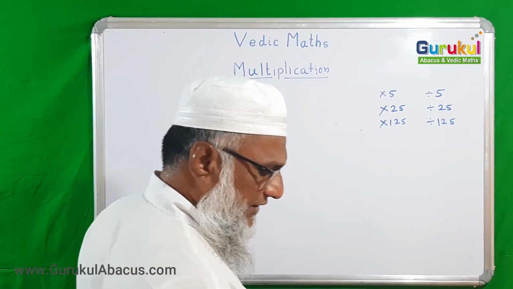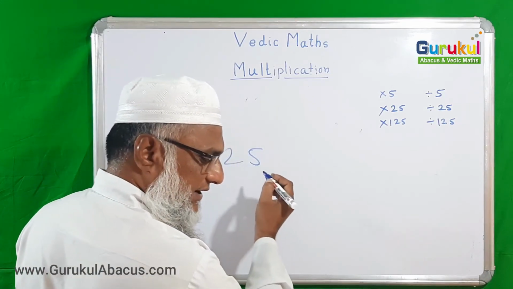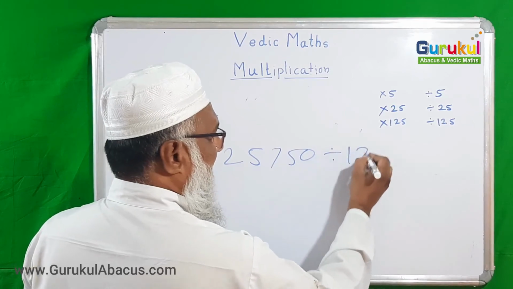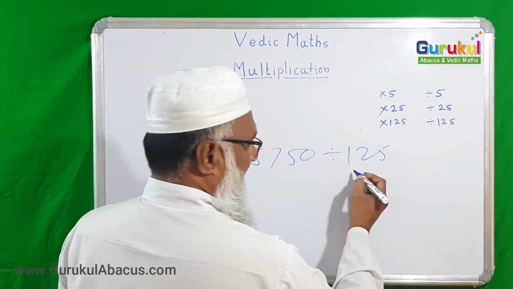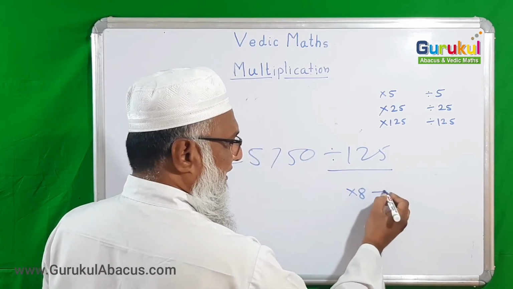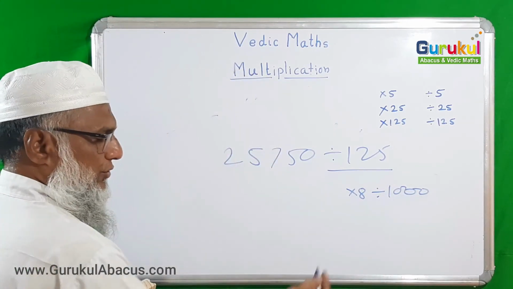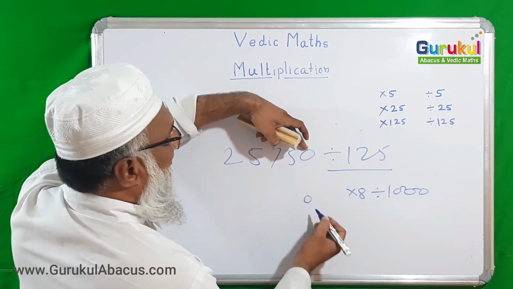Now if there is a division by 125, that also we are looking at here. Suppose we have the example 25,750 divided by 125. Now dividing by 125 means multiplying by 8 and then dividing by 1000. This is our rule going on. So multiplying by 8. Now 8 zeros are 0 itself.